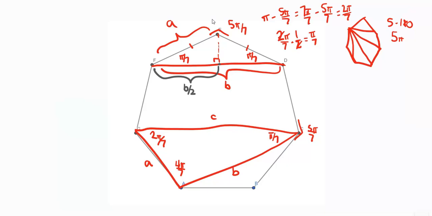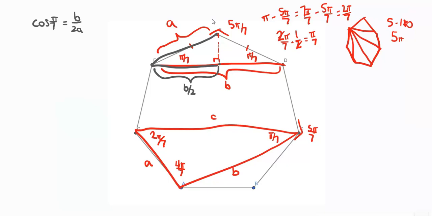So that is B over 2. So if we looked at the sides here, we got this B over 2. We have this A, and we'll notice that the angle here, pi over 7, well, B over 2 is adjacent, and A is the hypotenuse. So the cosine of pi over 7 is B over 2A.